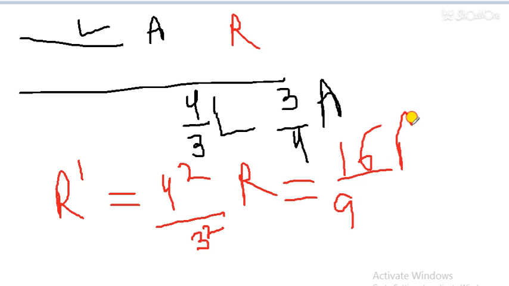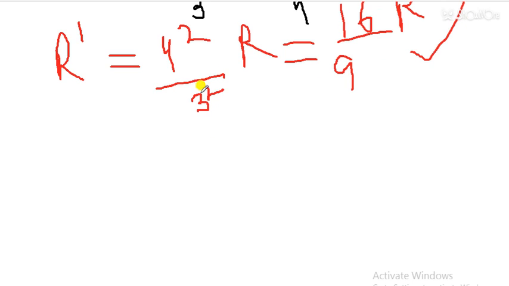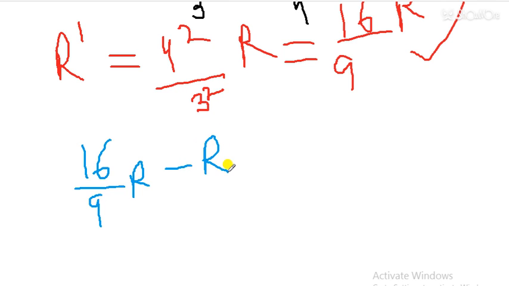I hope the answer is clear to you. Now we have to find the percentage change. So to find percentage change, I will subtract to get the change here. So (16 by 9 R minus R) by original resistance R into 100.